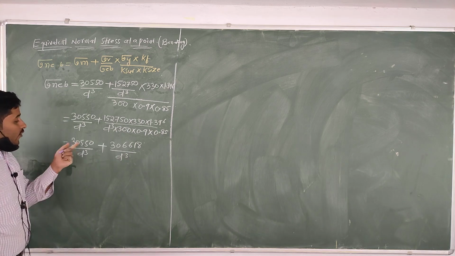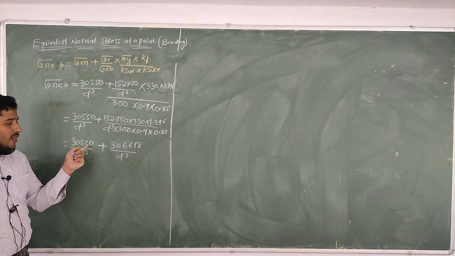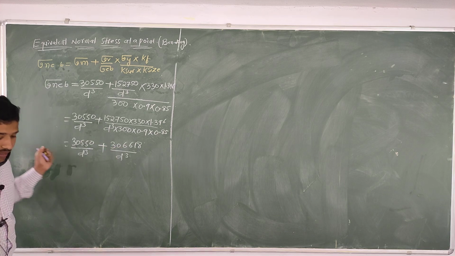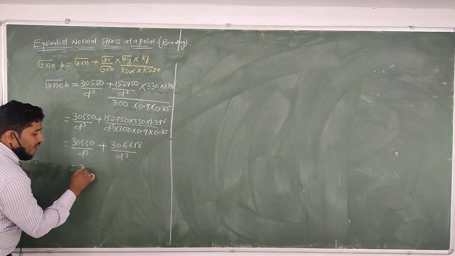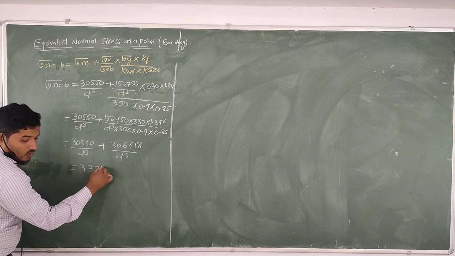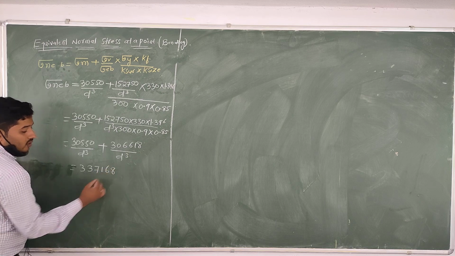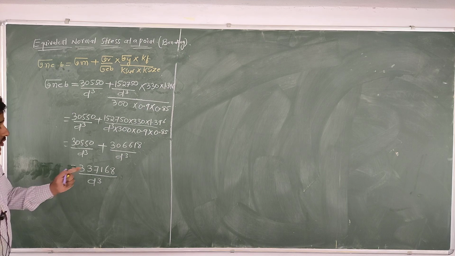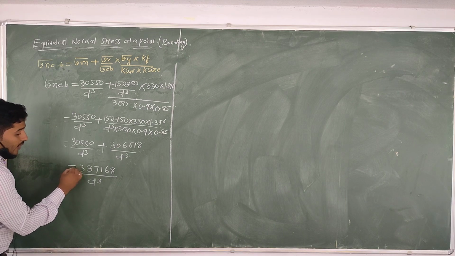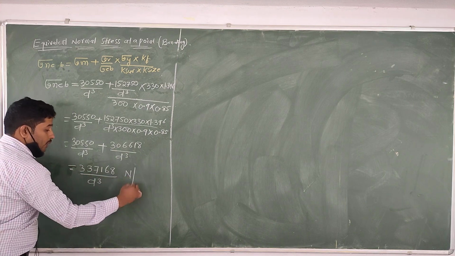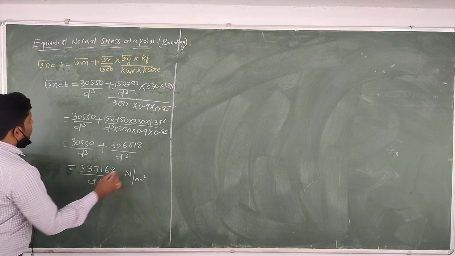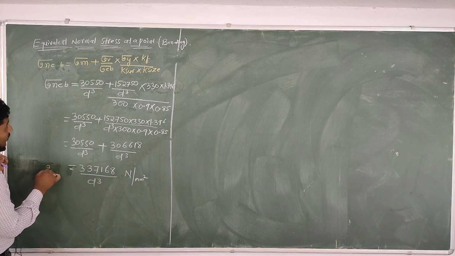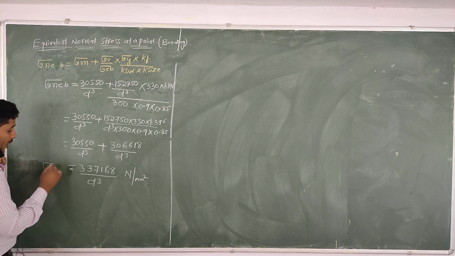If you add this value 30550 plus 306618, then you will get the value of 337168 by D cube. Then what will be the unit? The unit should be Newton per mm square. That is the value of equivalent normal stress at point A due to bending, sigma NEB.